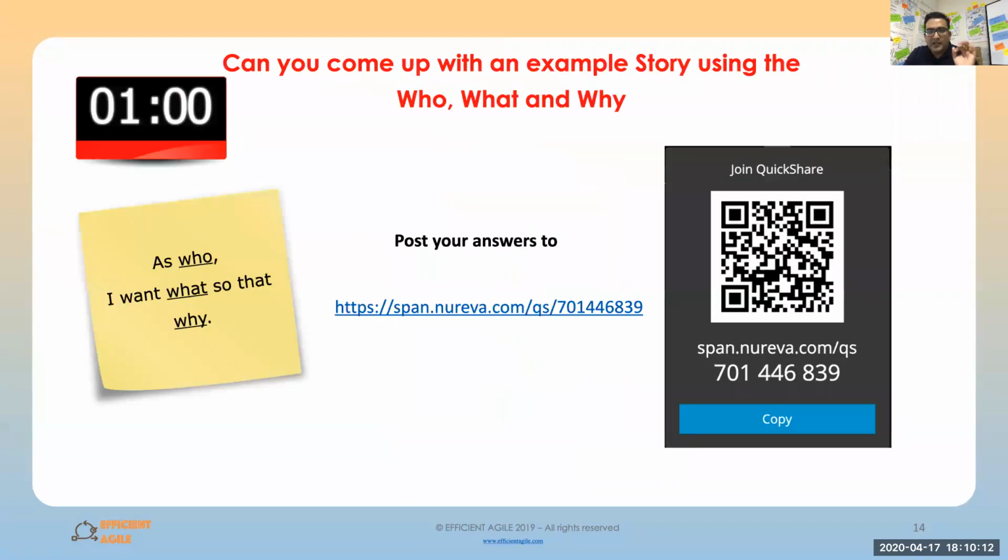Quickly, I want everybody to come up with a sample story. It could be anything. It could be a goal. It could be a goal for the day, or it could be a goal for the future. It could be about you, why you're here. You can write a story in the format with who, what, and why. You can post the answers in the chat window, or you can also use a system to submit your answers.